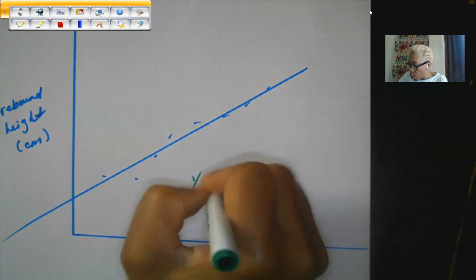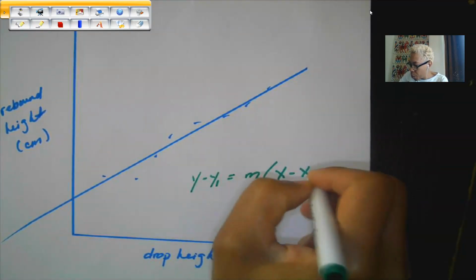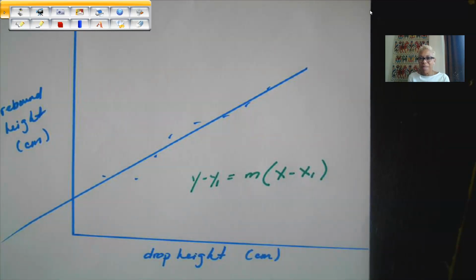Y minus y1 is equal to m times x minus x1. This might bring back some nightmares for some of you. Use that equation to get the equation for this line. That is the goal. Can you collect data for a motion, graph it, and get the equation for that line?